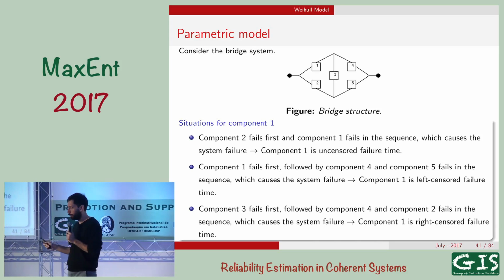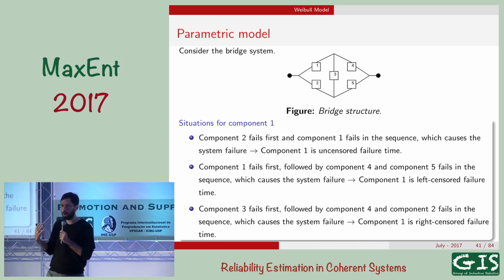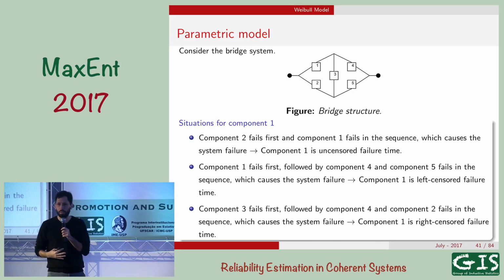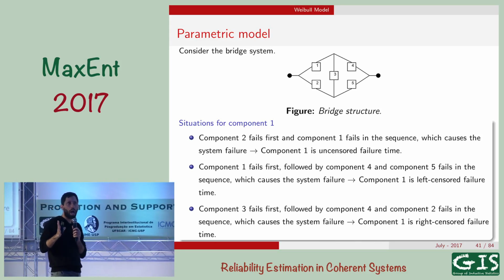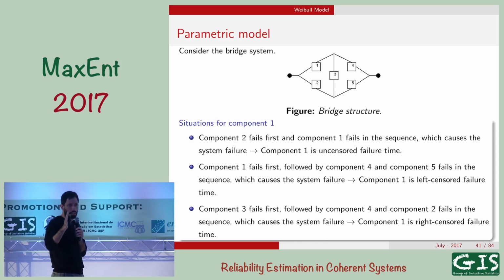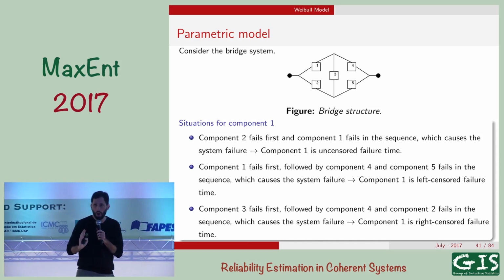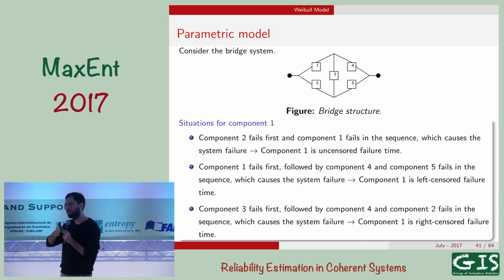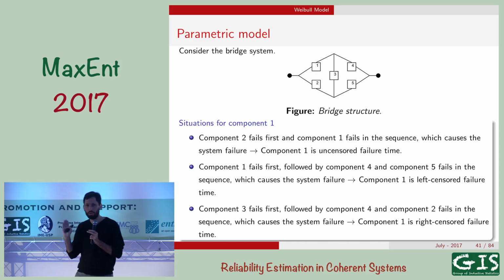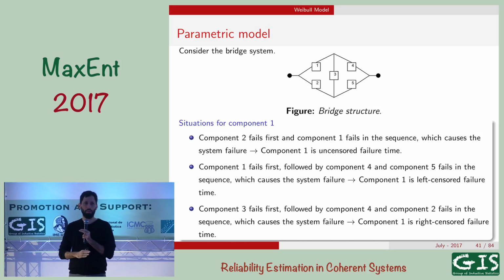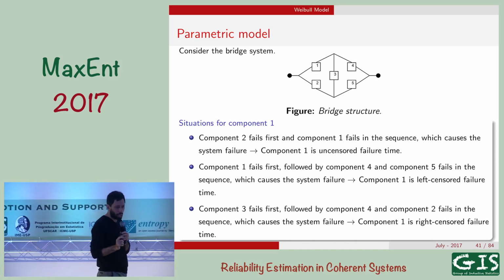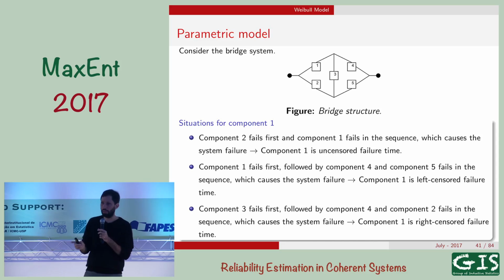If you think more like survival analysis, I have a component whose failure time I can see, or it will be left censored or right censored. But we have one more structure in survival analysis, which is interval censoring.